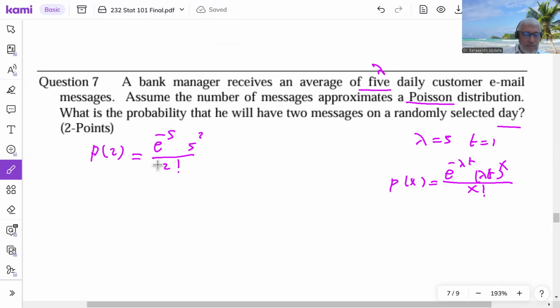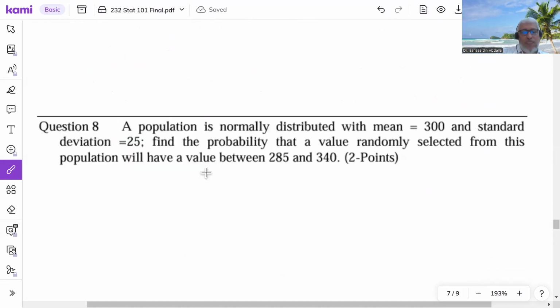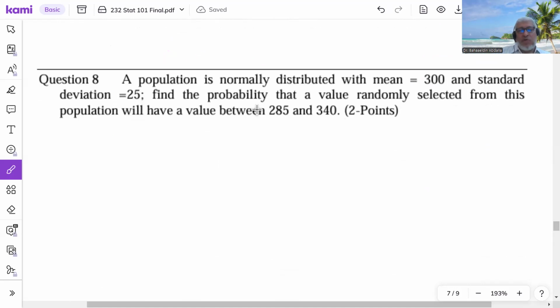And if you put it in the calculator, you will find that the answer is approximately 0.0842.